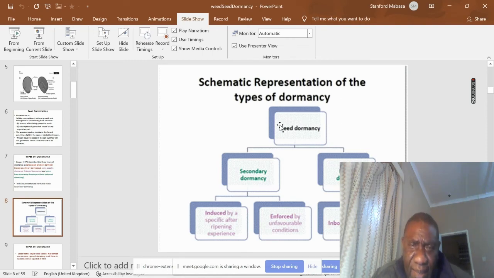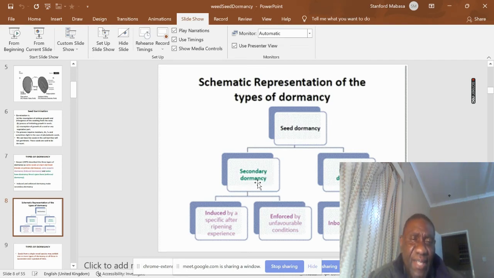So let us define what is seed dormancy. First, in fact, in some literature, they refer to secondary dormancy and primary dormancy. Now, primary dormancy is inborn dormancy or innate dormancy.